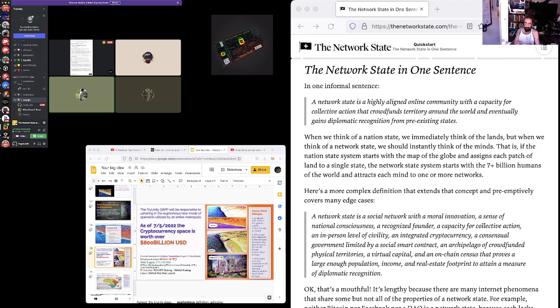Our knowing of the network state as a book came after the idea of the project came to us. Awesome, I'll definitely check that out. I think I had seen you post a link even on Facebook.